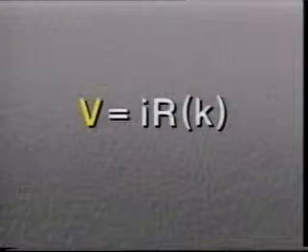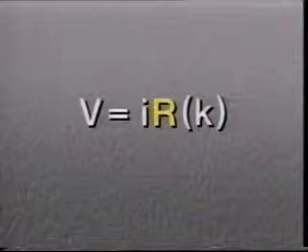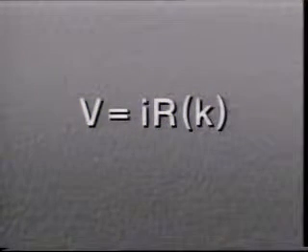Now, if we remember that voltage is equal to current times resistivity times a tool geometry constant, or V equals I times R times K, then we can state that the voltage measured by a focused deep reading device is equal to the current, I, times the resistivity of the mud, R sub M, adjusted for the hole diameter, plus the resistivity of the invaded zone, R sub XO, adjusted for the invasion diameter, D sub I, plus the formation resistivity, R sub T, times the contrast between the formation and the invasion zone resistivity, all times the tool constant.